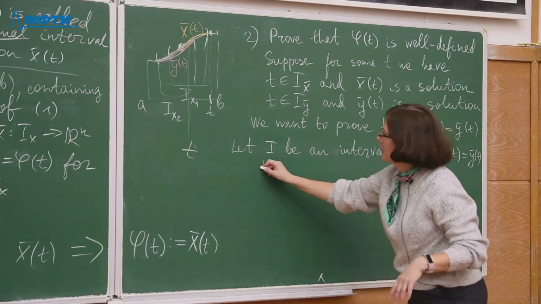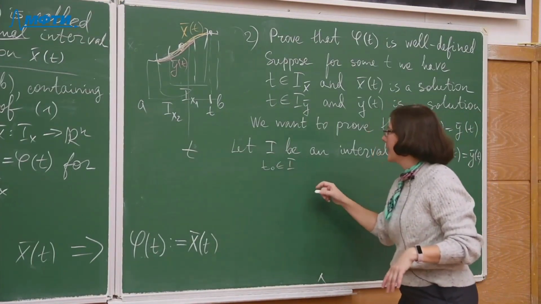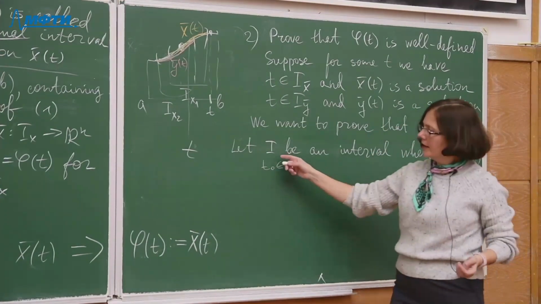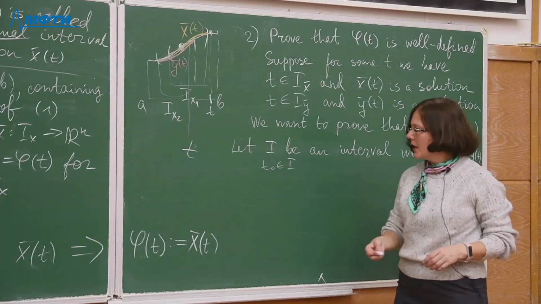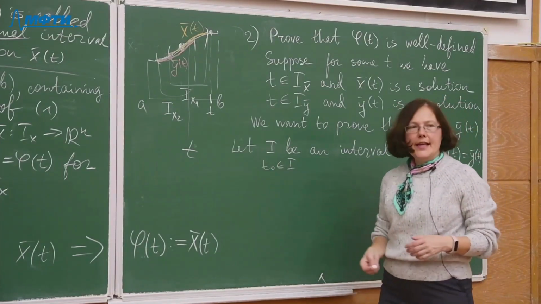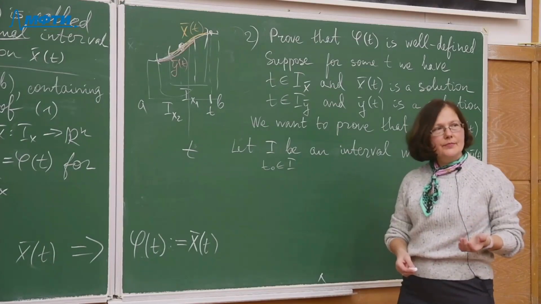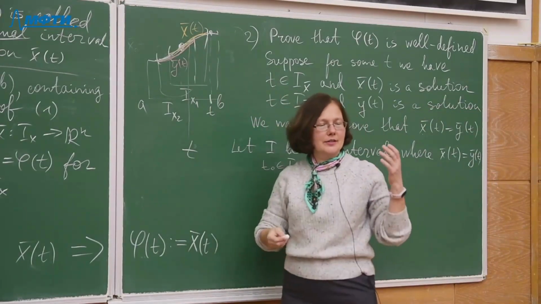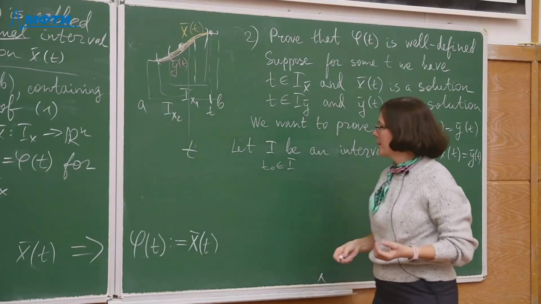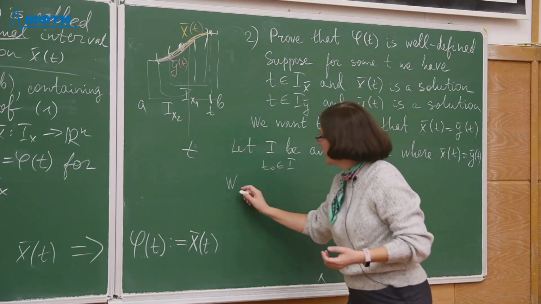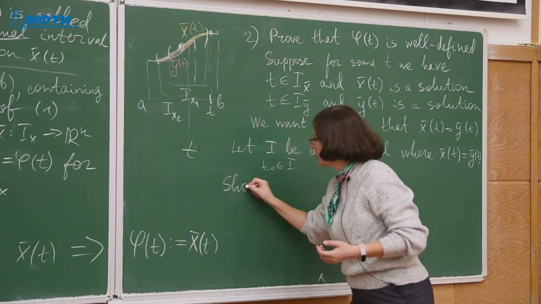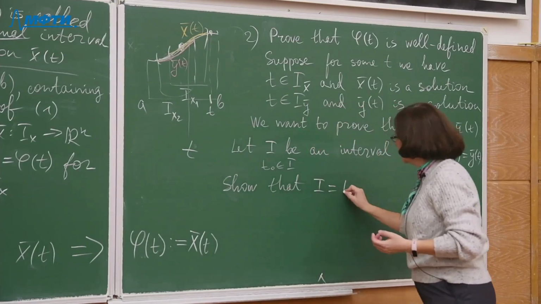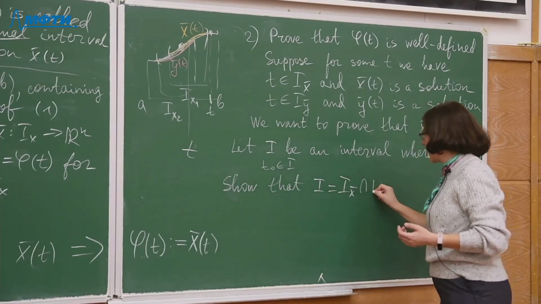And we know that t0 is in I. So locally they coincide. But maybe I is not the same as the intersection of two intervals. So we want to prove that these two solutions coincide on the intersection of two intervals. So we want to show that I equals the intersection.